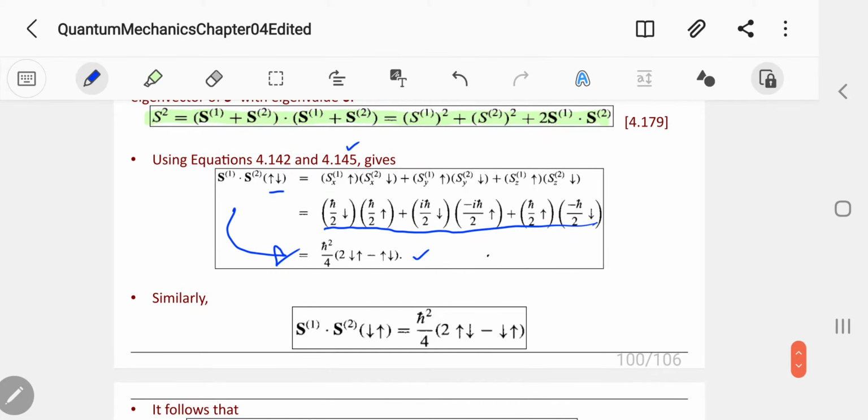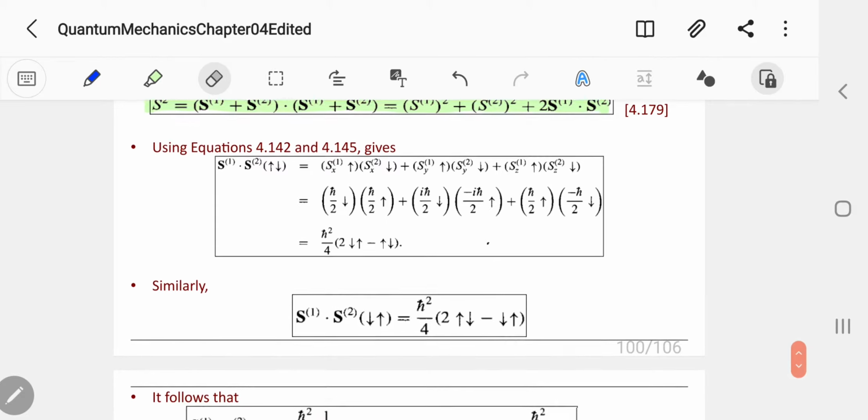And similarly, if you apply it to this state, you will have this result. There's a difference here and here. So you have to be careful in doing such calculations.